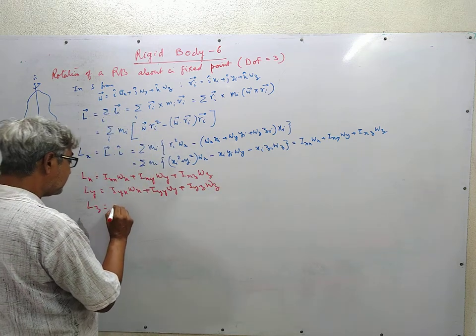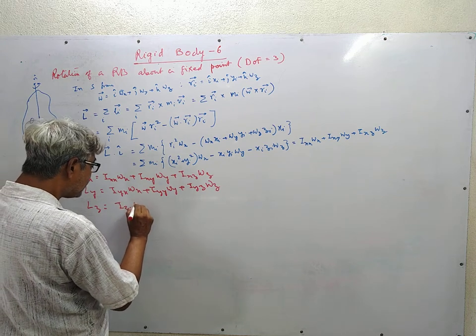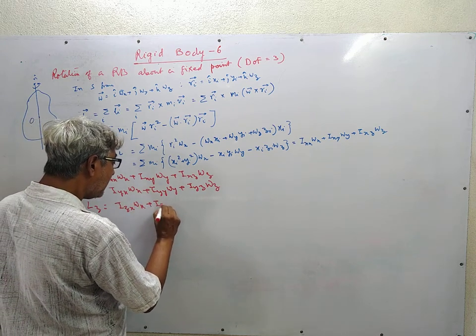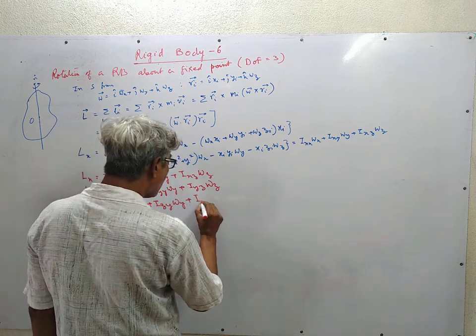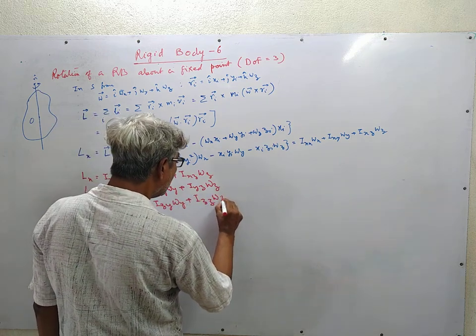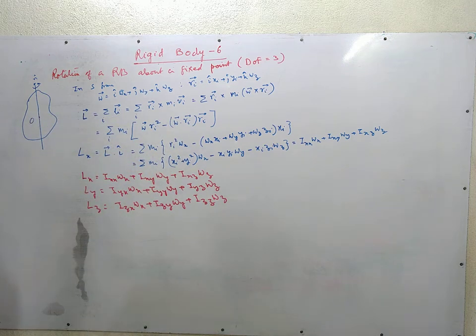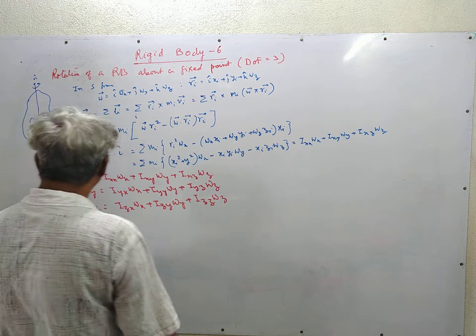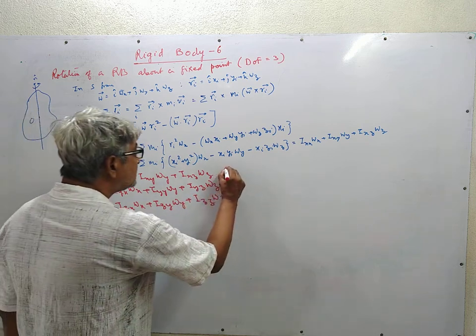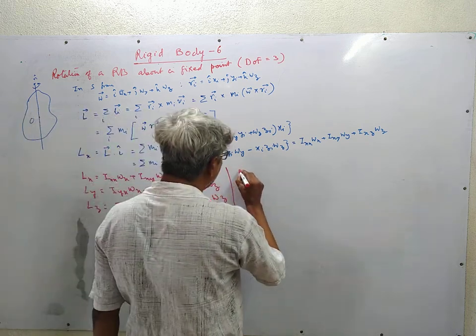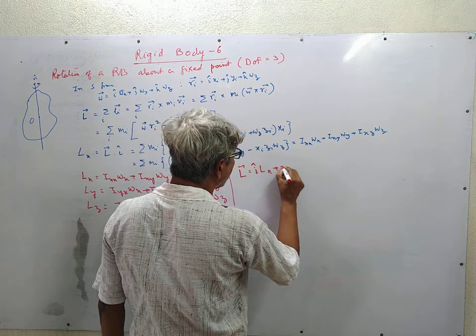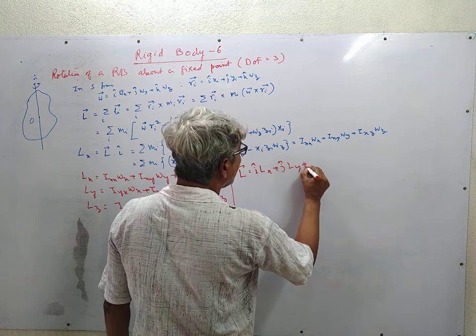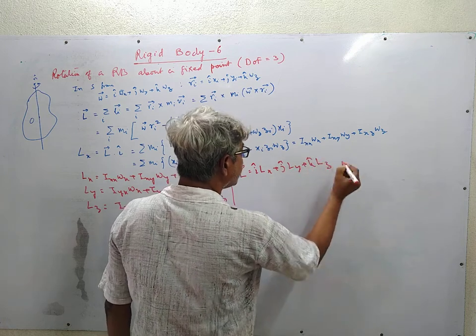Lz is written as Izx omega x, Izy omega y plus Izz omega z. This we may look upon as the vector L, which is i cap Lx plus j cap Ly plus k cap Lz.